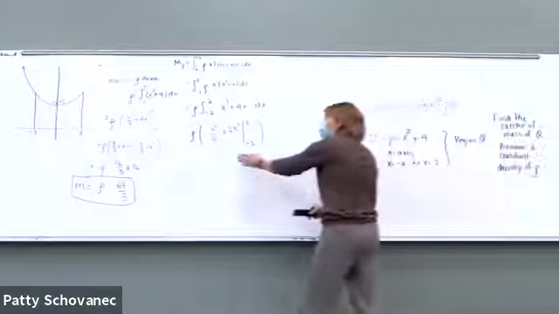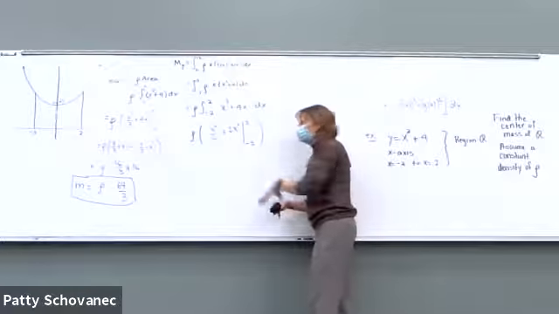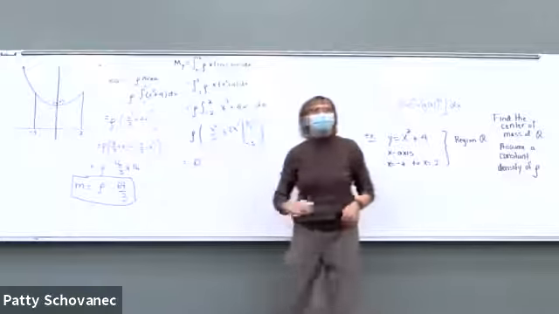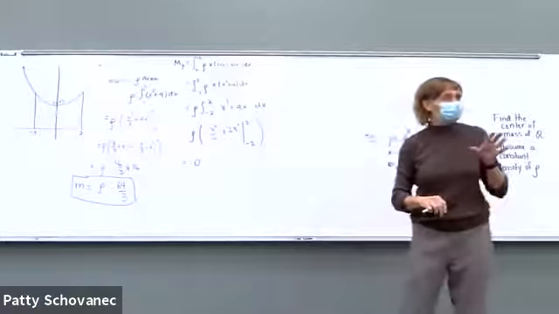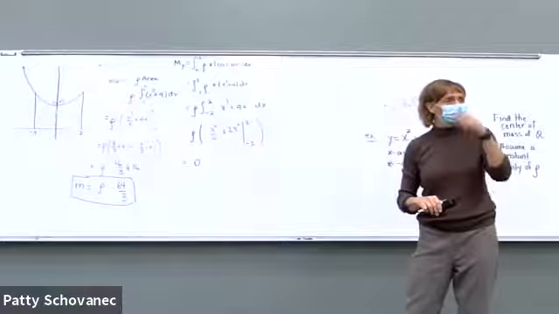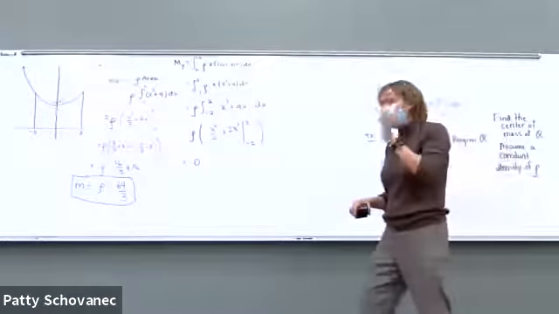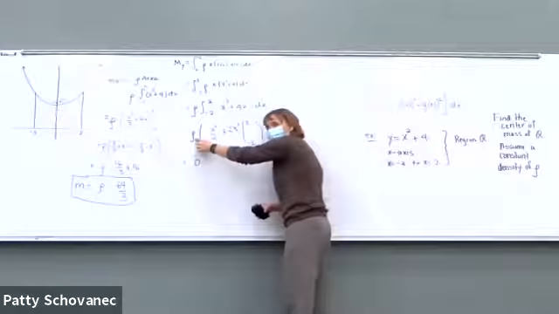So can you see how this is going to give us 0? And that's what we said. The moment with respect to the y-axis should be 0, because our center of mass should be on the y-axis since it's symmetric there. That's not true if density varies.